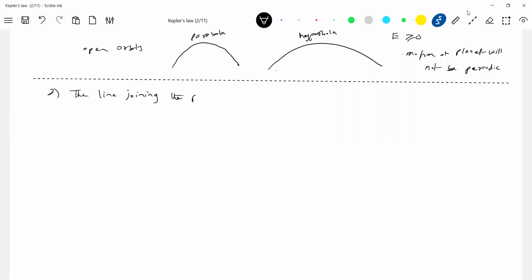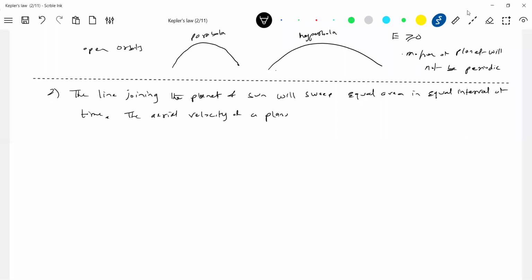The line joining the planet and sun will sweep equal area in equal intervals of time, or nothing but the areal velocity of a planet remains constant.